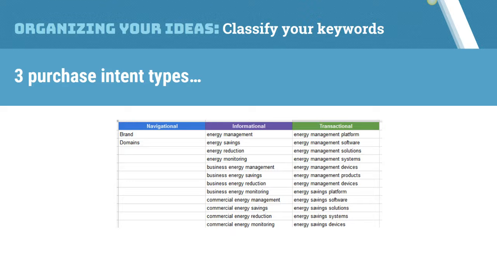Obviously, with the informational, I'm not going to try to offer my products and services to them because it's probably a really small percentage of people that are ready to make contact with me anyway. So basically, I do this because I want to give the audience what they're looking for. If they're looking for energy savings, I don't know that they're looking for software or solutions or platforms, so I want to give them really good information on how to save on energy costs.